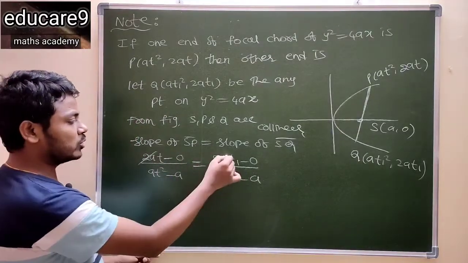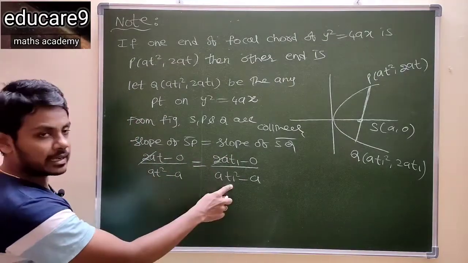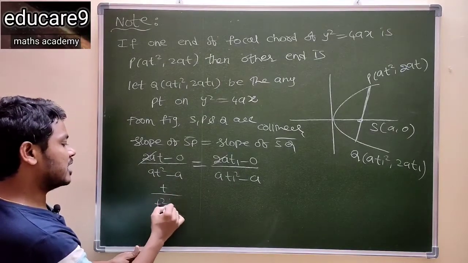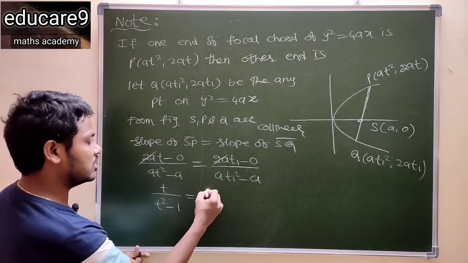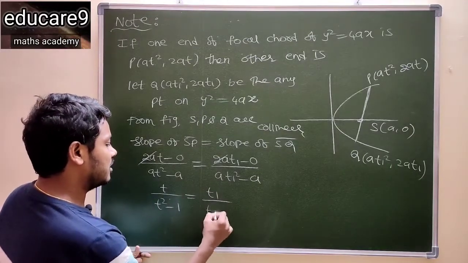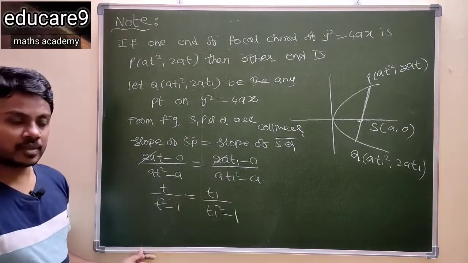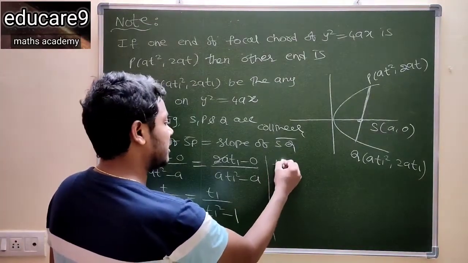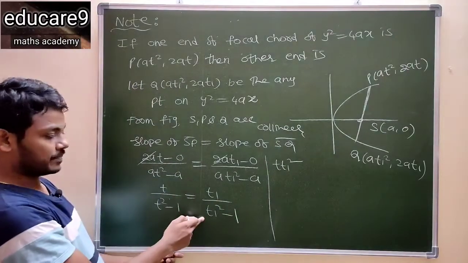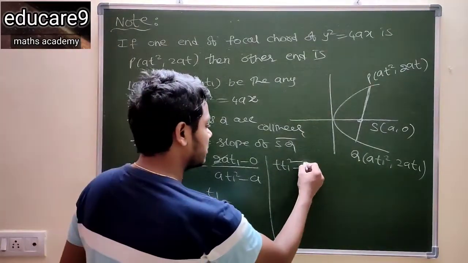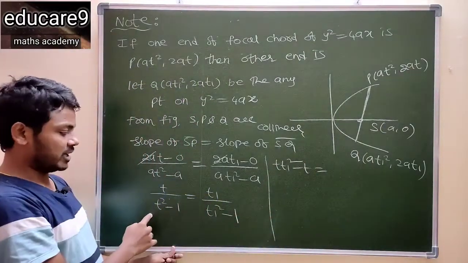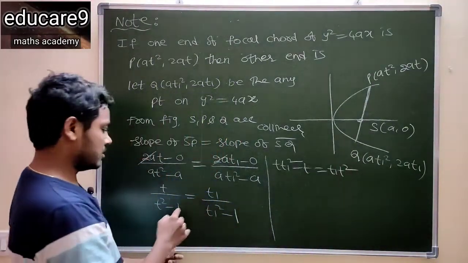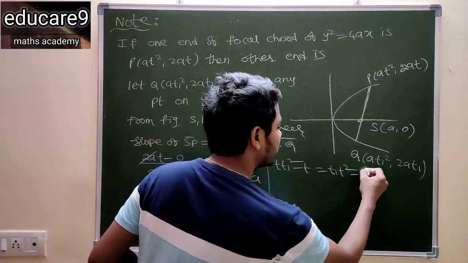Then clearly 2a gets cancelled, a gets cancelled. What you get? t/(t² − 1) = t1/(t1² − 1). So simplify this. What you get? t·t1² − t = t1·t² − t1.